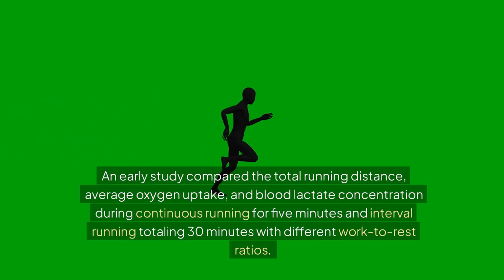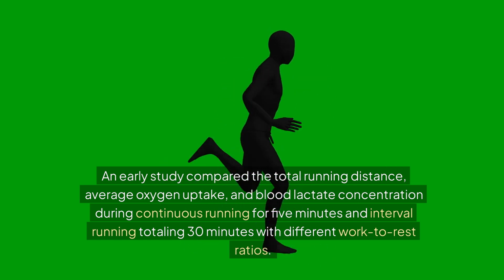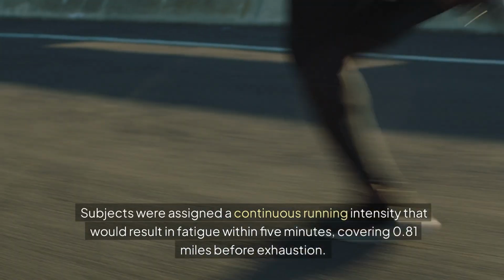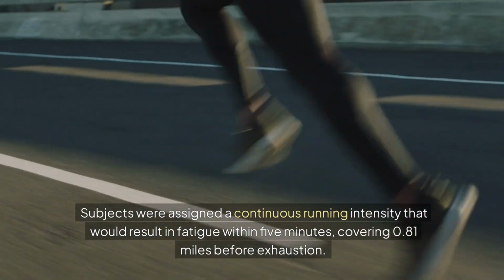An early study compared the total running distance, average oxygen uptake, and blood lactate concentration during continuous running for 5 minutes and interval running totaling 30 minutes with different work-to-rest ratios. Subjects were assigned a continuous running intensity that would result in fatigue within 5 minutes, covering 0.81 miles before exhaustion.